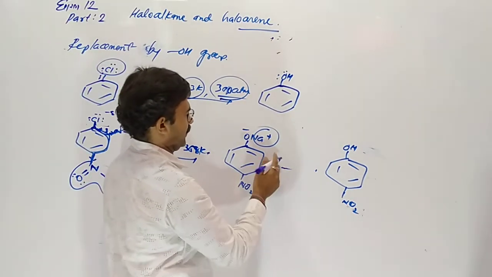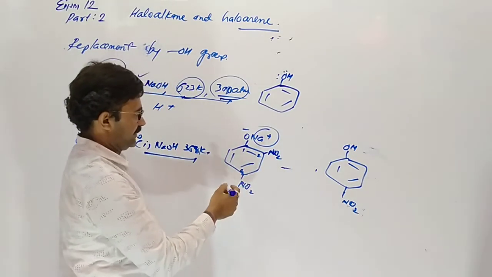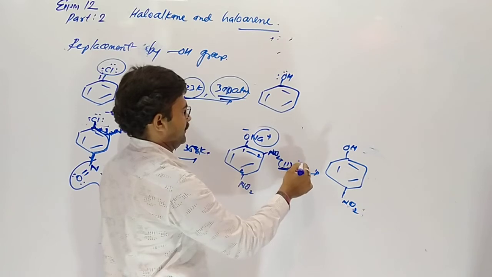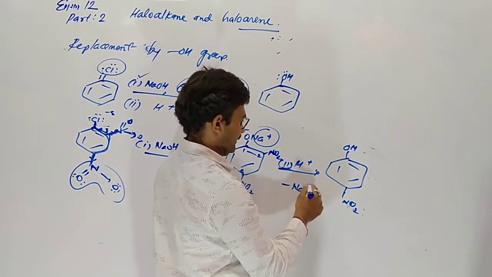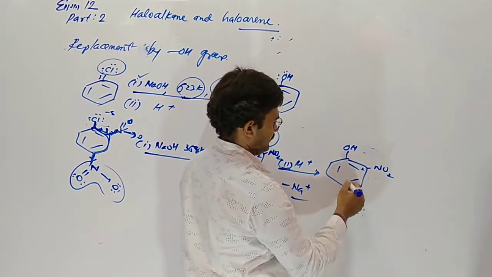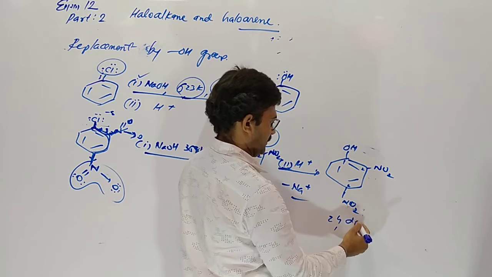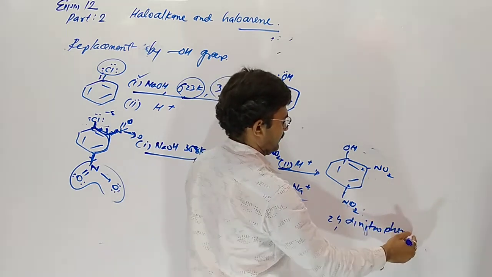It gives 2,4-dinitro sodium phenoxide. In the second step with H plus, Na plus is removed and 2,4-dinitrophenol occurs.